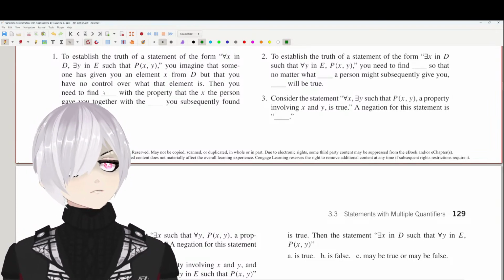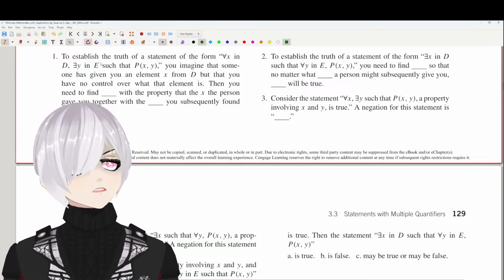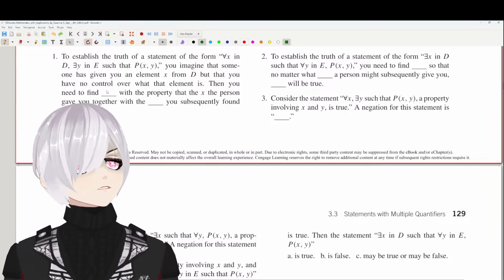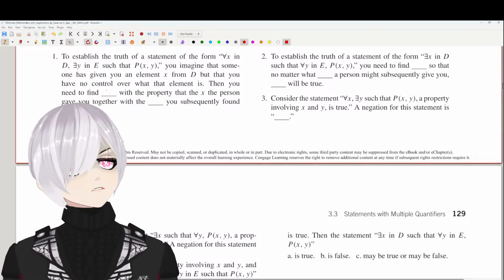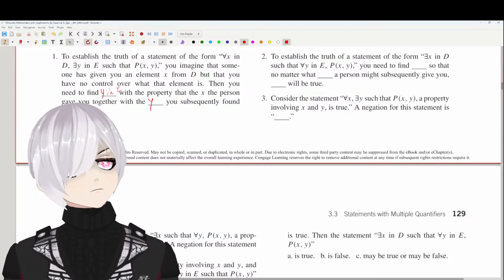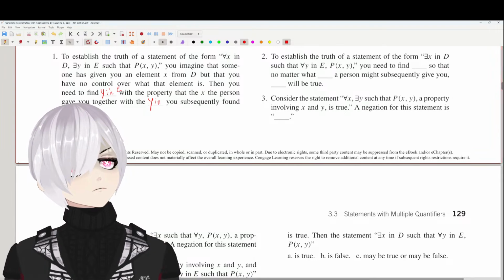So you would need to find a y in E with the property that the x the person gave you together with the y in E you subsequently found satisfy P of x y.